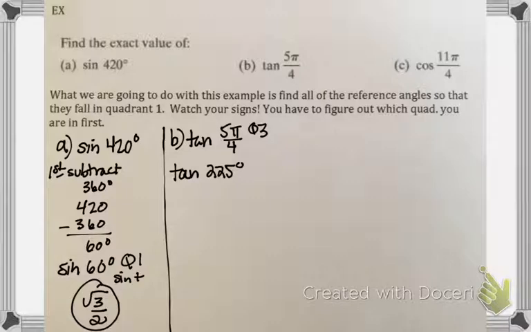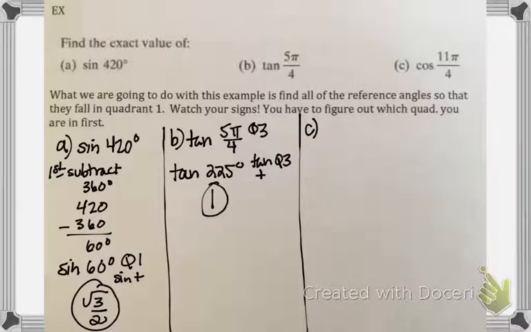Tangent in quadrant 3 is positive. So I know my answer is going to be positive, and I know that tangent at 225 is 1. And once again, you could draw a triangle, or you could use your unit circle to know that.